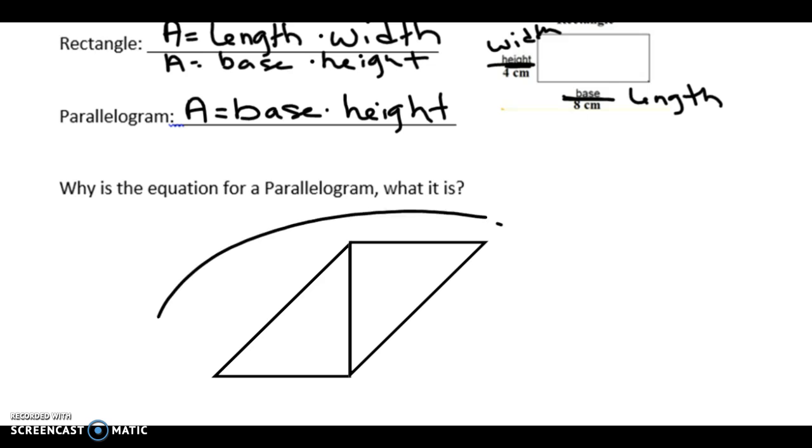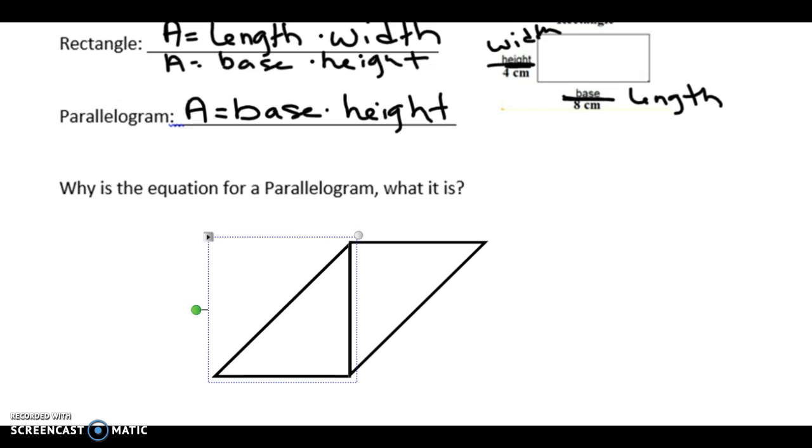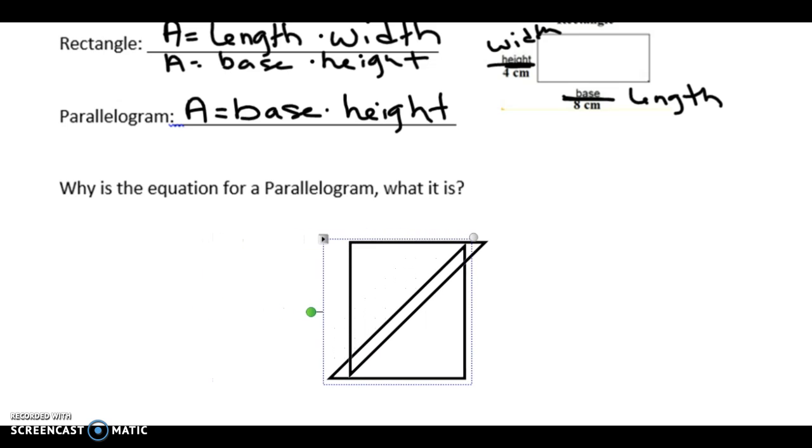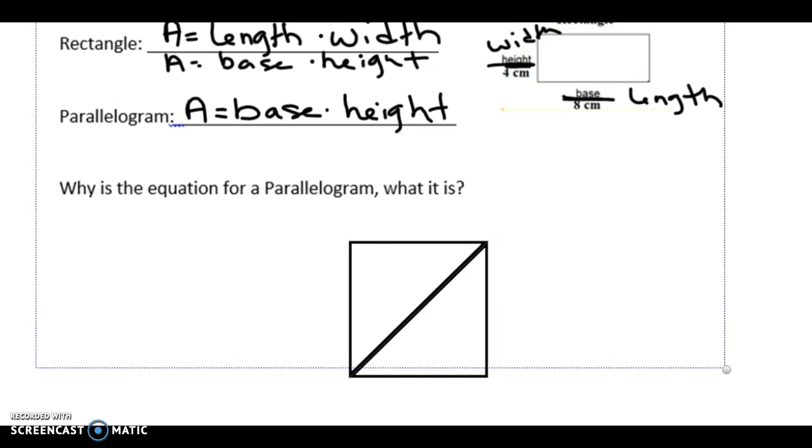Okay, right here, I have a parallelogram. If I take that parallelogram and I cut it, right where that line's passing through it, and I move the portion that I cut, notice what kind of shape it makes.